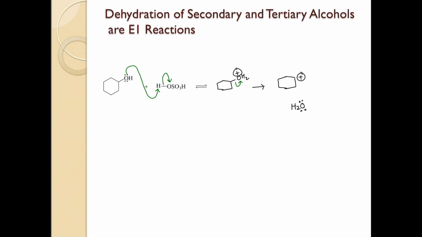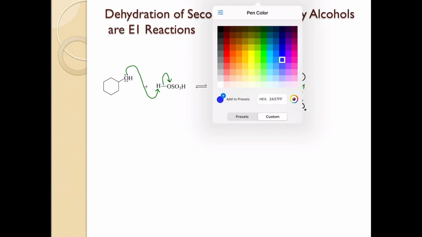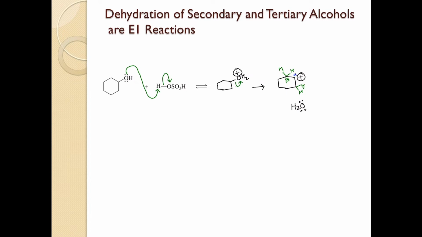We already know that there are two hydrogens here and two hydrogens here, because this is your beta carbon and this is your alpha carbon. One of these hydrogens will be abstracted, thereby putting the double bond here. So the product here is going to be an alkene, a cycloalkene.